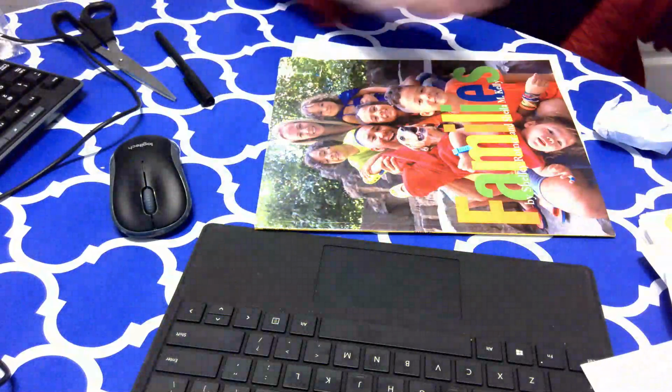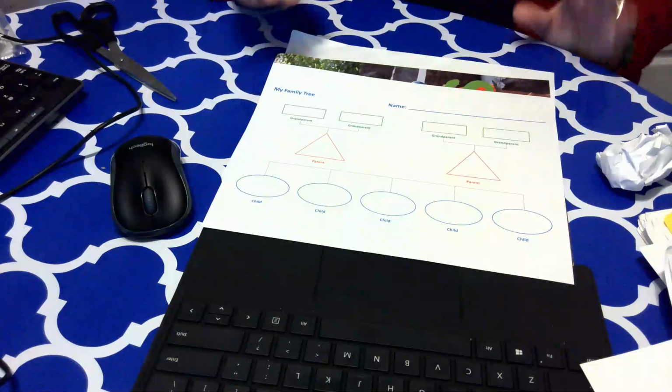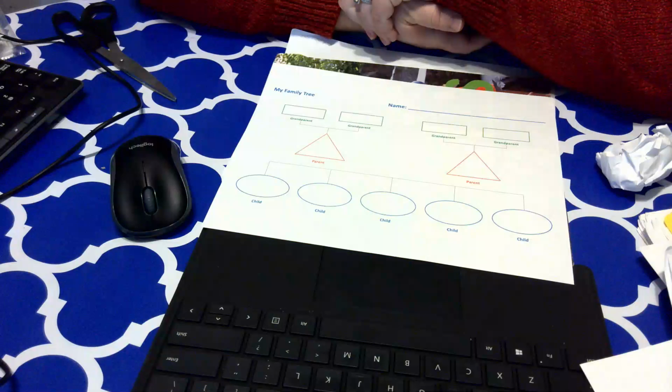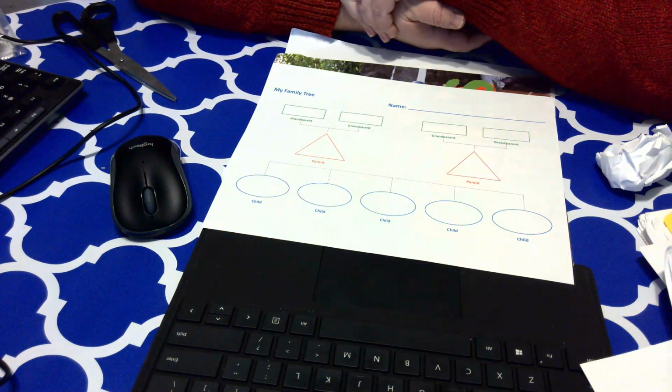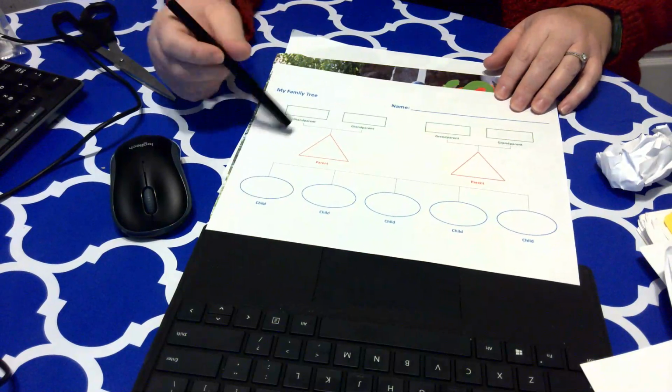And then there's one last thing for you and your family to do together. And this is a really good activity for you to do together with your mom or your dad or grandma or grandpa, someone in your family, and really take your time and talk about the people in the family. I'm going to show you how to do it. It tells you right here.